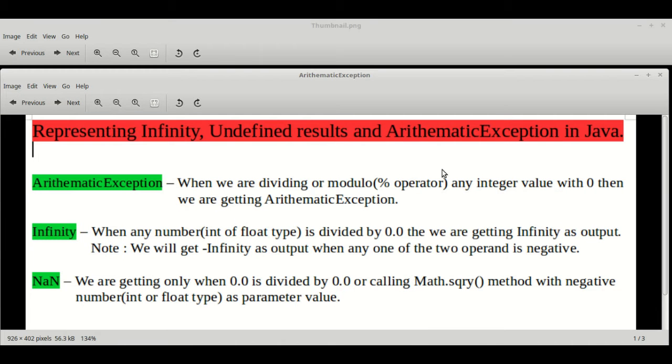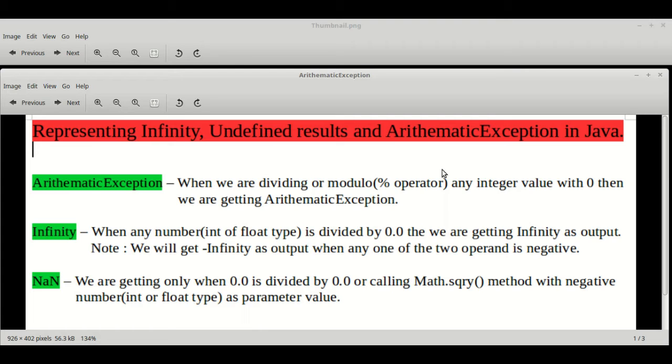An arithmetic exception comes when we are dividing or doing modulo of any integer value with 0. It happens only with integer values.